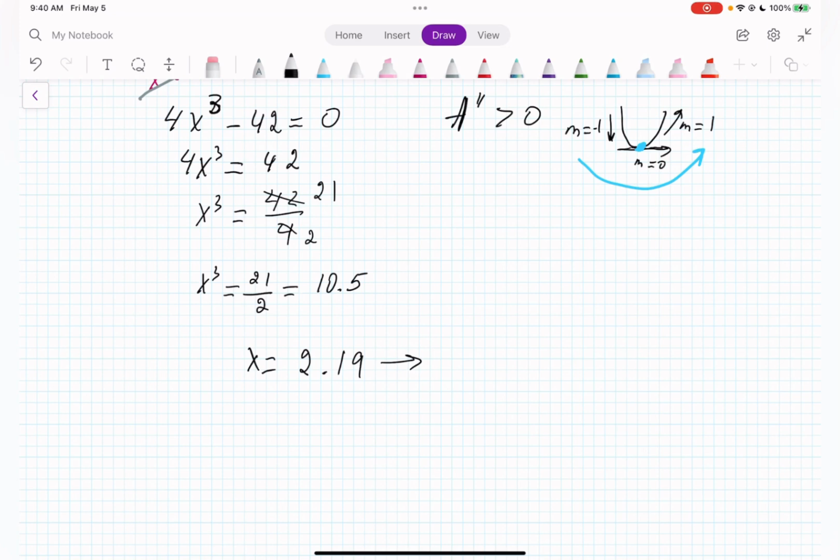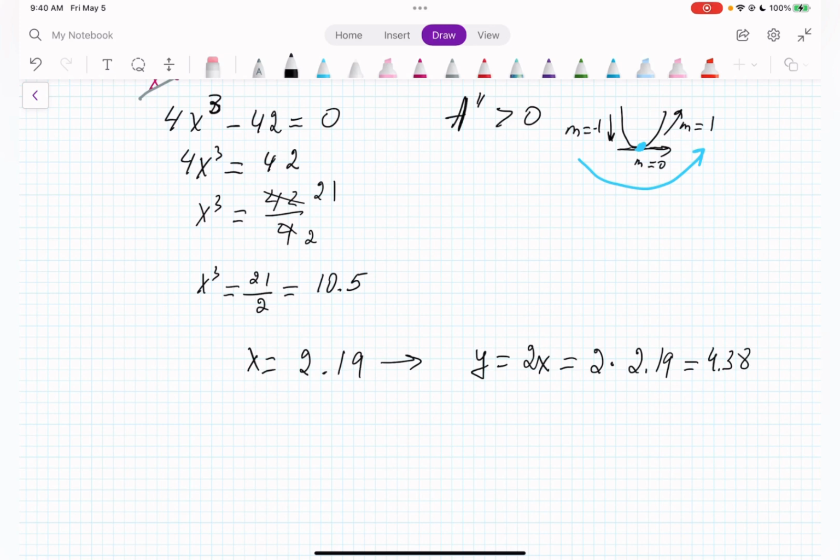So from here we have x. Our y, we know, is 2x, which is equal to 2 times 2.19, and this is equal to 4.38.